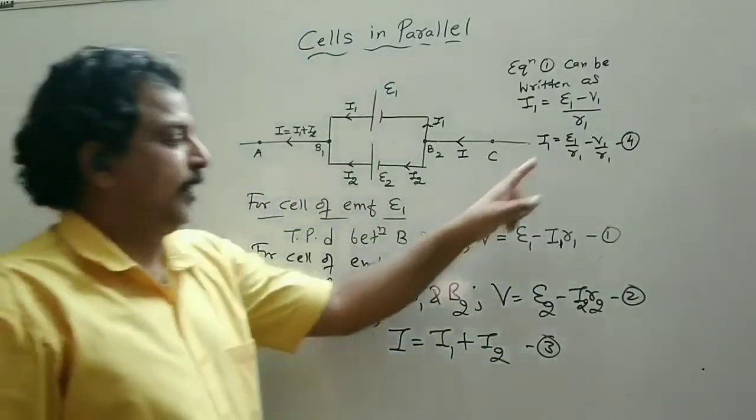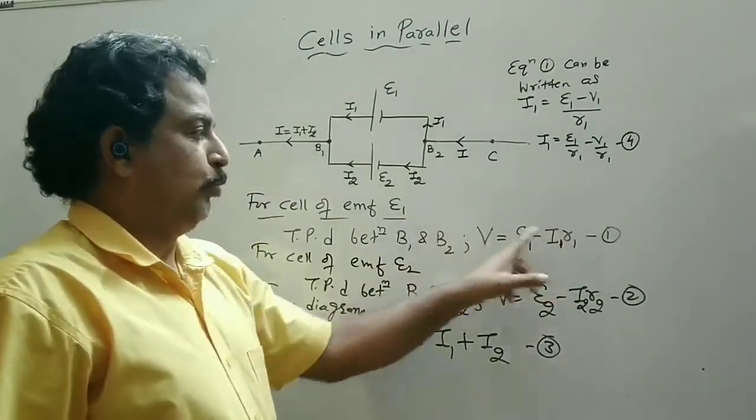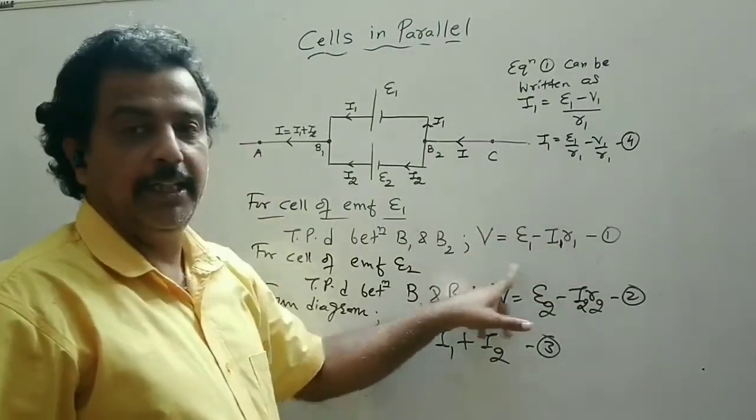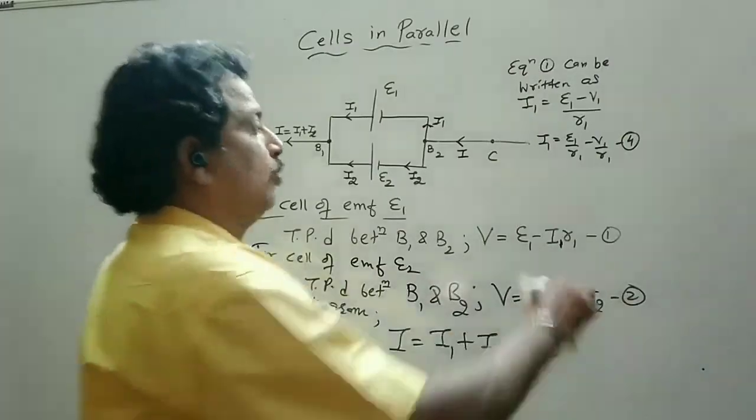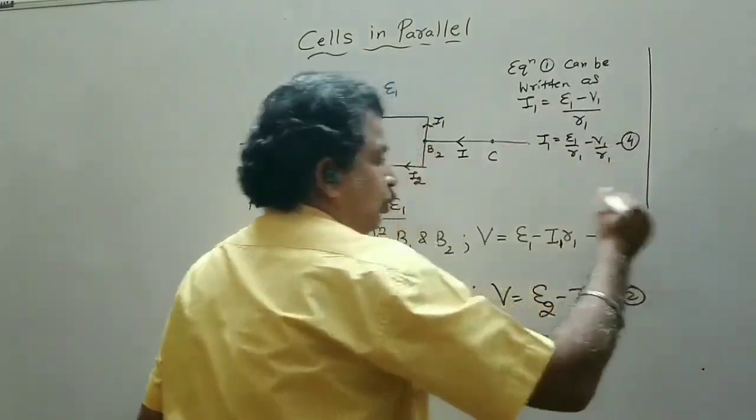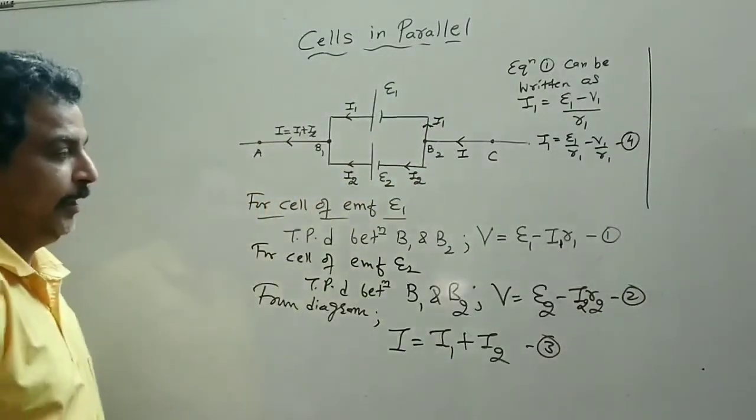So after this equation you can directly write I1 here, give it equation number 1, I2 here, equation number 2, so that we don't have to write it again.